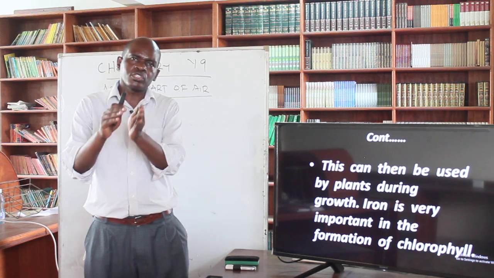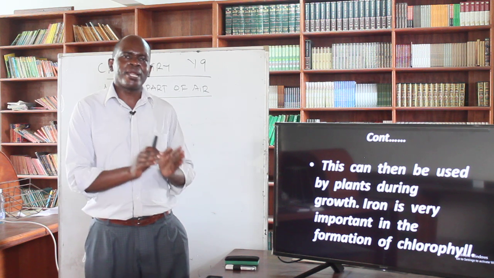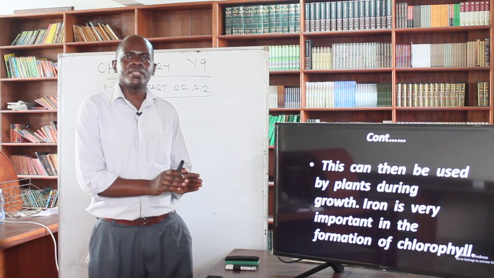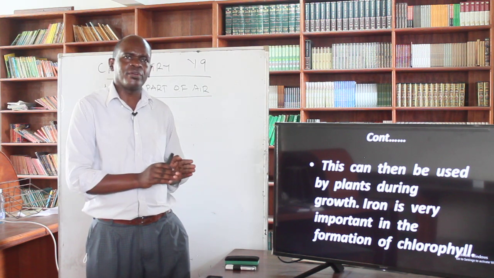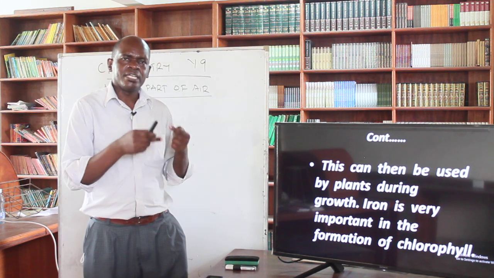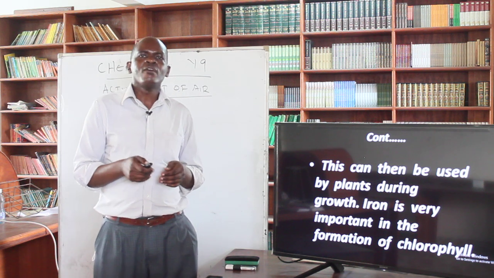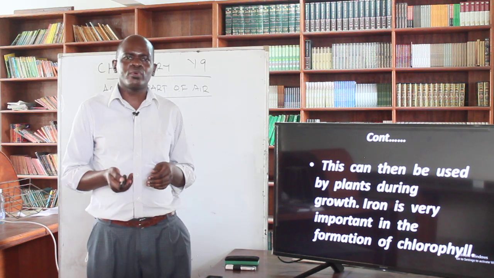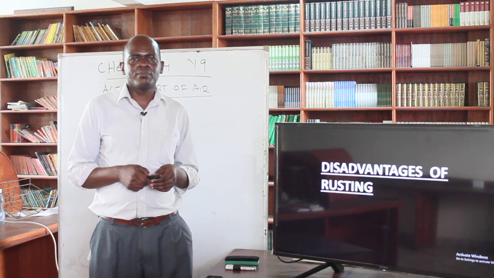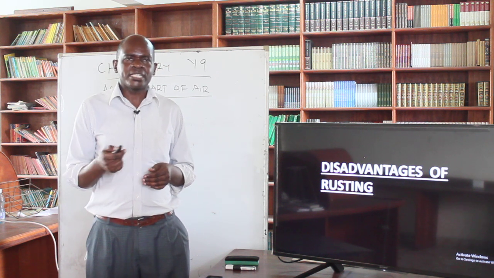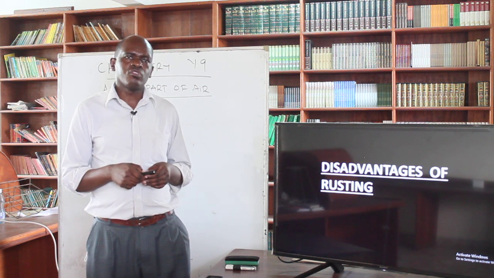When corrosion is taking place in chemistry, the plants are benefiting biologically. The plants get this iron, make their chlorophyll, then use the chlorophyll to make their food. That's why the plants appear very healthy in a place where rusting is taking place. Those are the main advantages of the process of rusting.